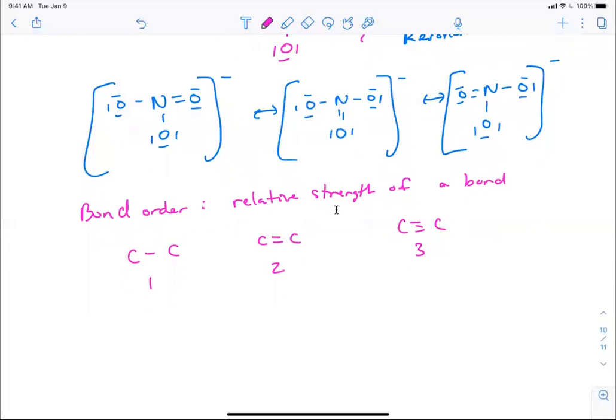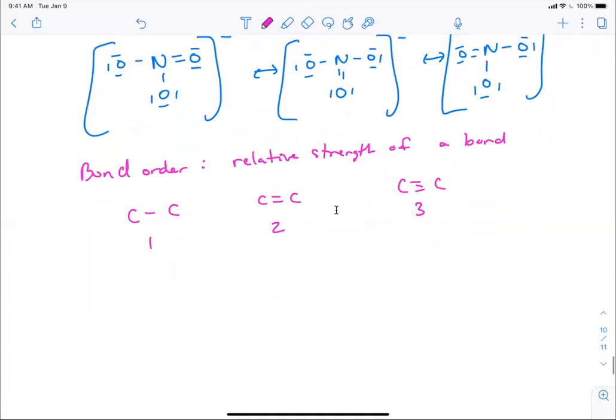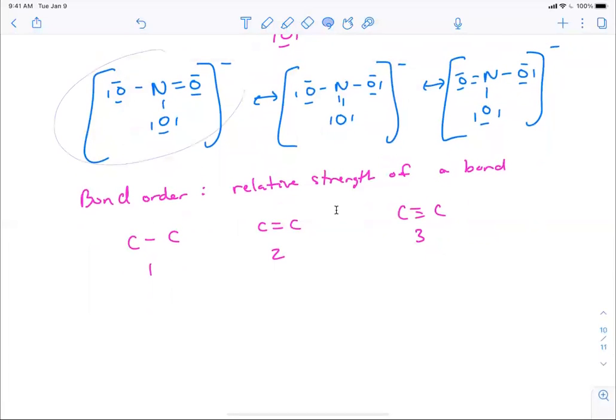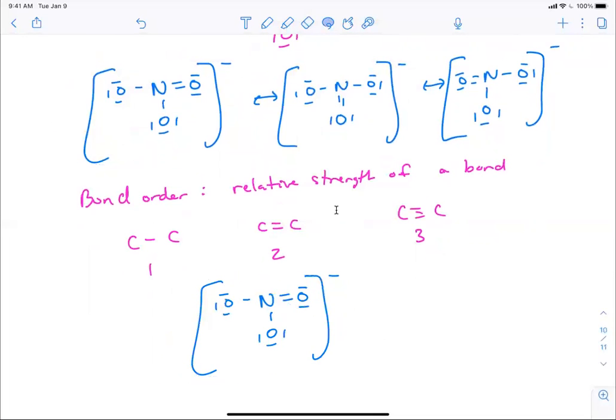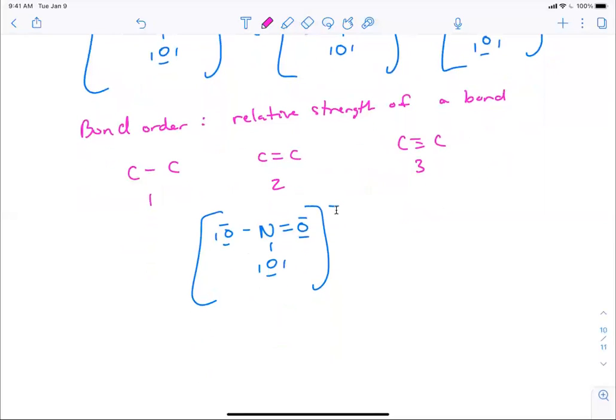That's pretty straightforward. It's when you have something like NO3 1- where you may not be able to see what the actual bond order is because there's resonance. And so the way you calculate it is you do the total number of bonds divided by the bonding regions.